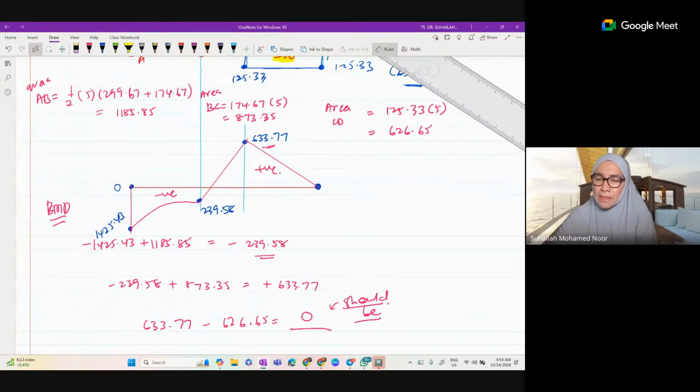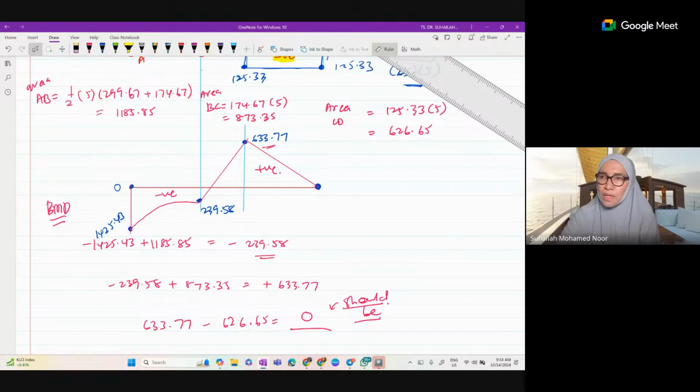However, it depends on your time too. You don't need to calculate everything; maybe they will ask for one member only. But this is the process. So the whole process of analysis of an indeterminate beam using the flexibility method starts with finding the reaction, and finally we draw the diagram. This is the whole process of structural analysis.